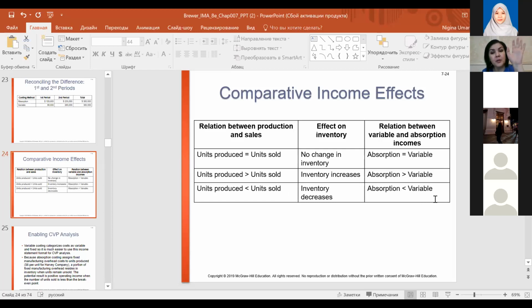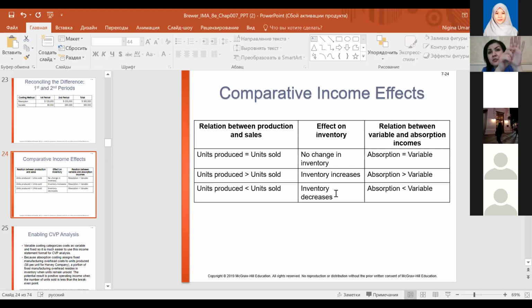Why? Because that inventory, 5,000 units in the beginning, comes from the previous period, and these 5,000 units have manufacturing overheads included. Do you remember, each unit has $6 of fixed manufacturing overheads.